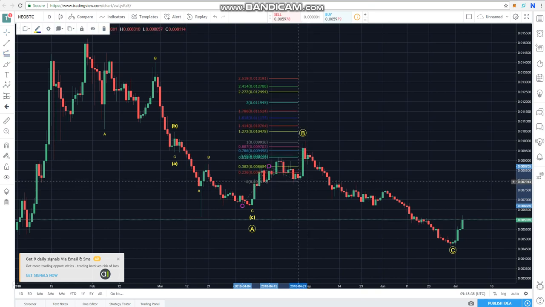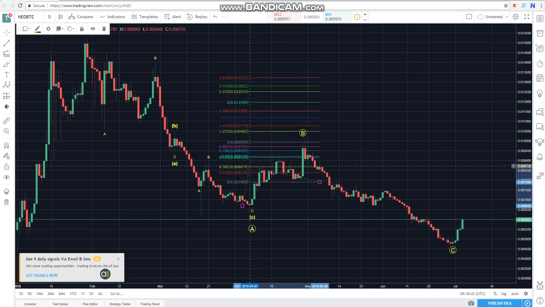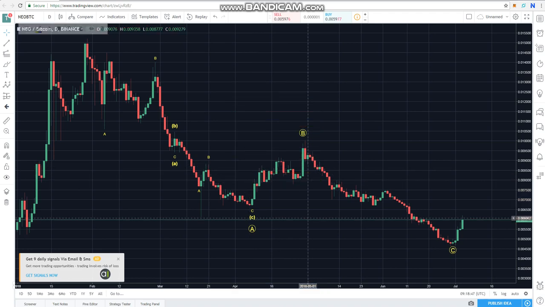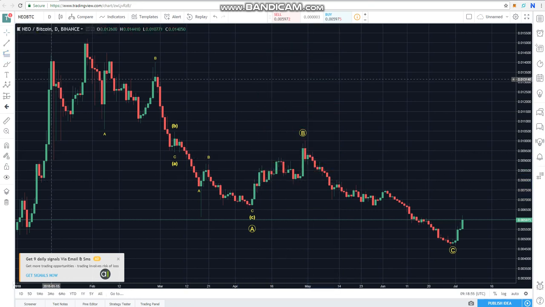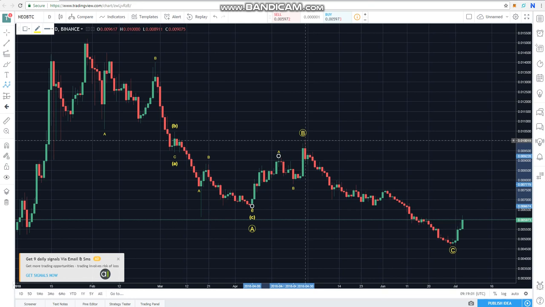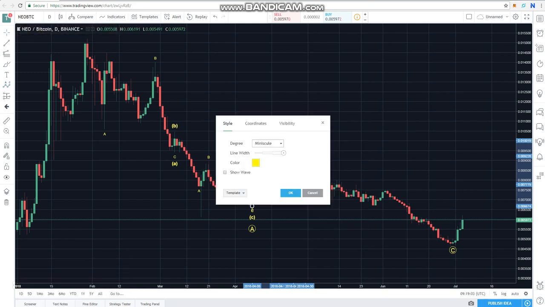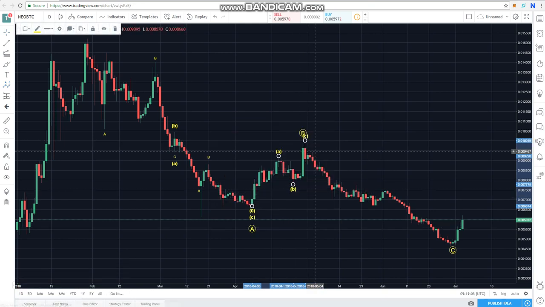And it is likely that the previous one is the correct count. Yep. It is very likely that this is the count. So, yeah, I'm quite sure that this A, B, C is the count for the wave B.